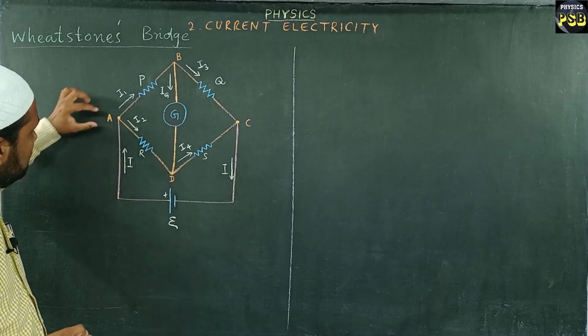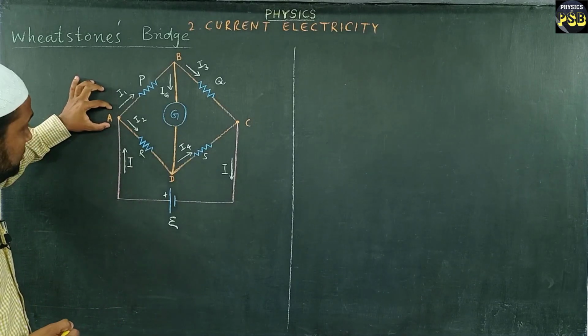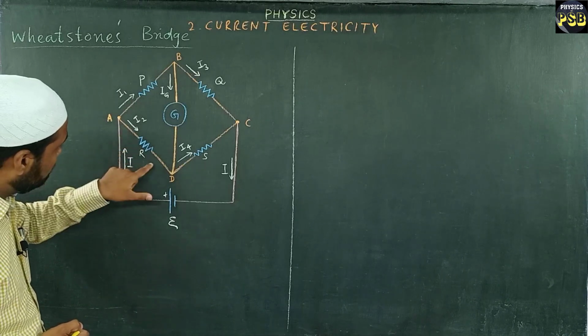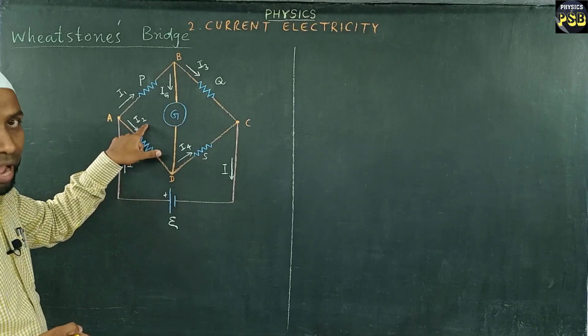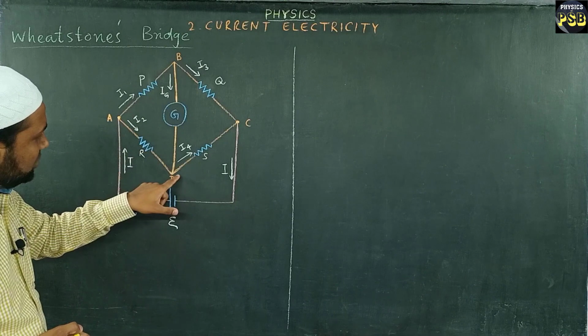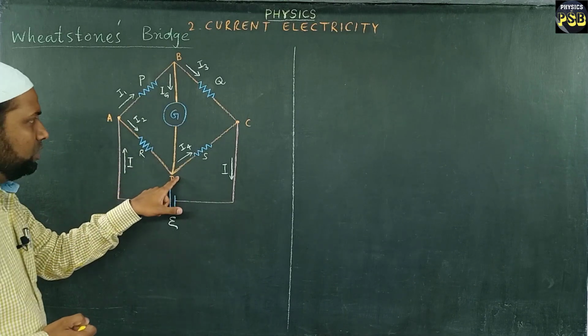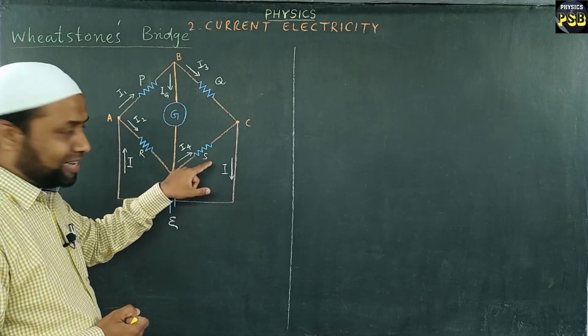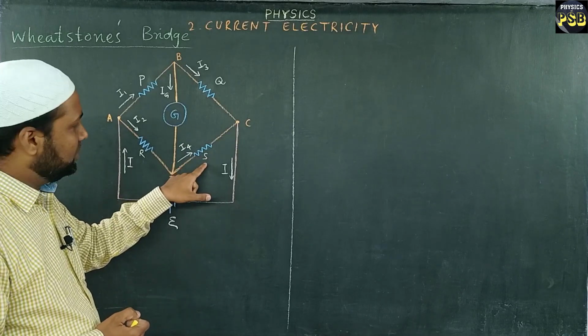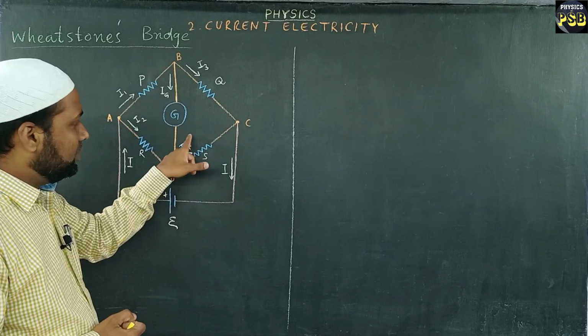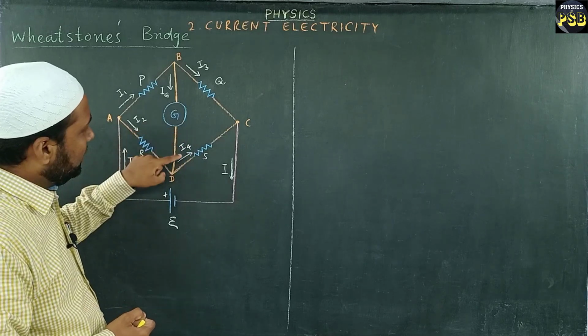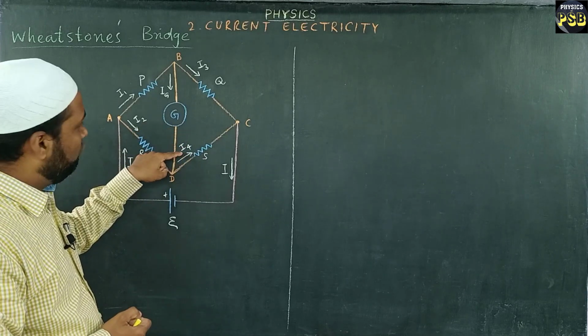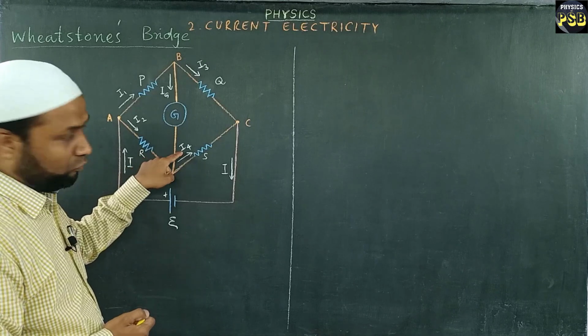After reaching point A, suppose it moves through R, then it takes the name I2, and reaches D. From there it moves to point C through resistor S. This time we denote it by I4.